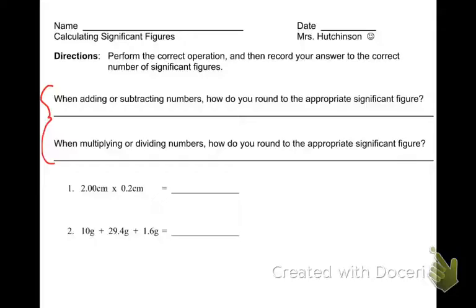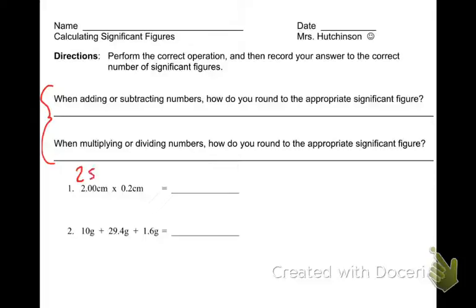So taking a look at our first one, we have 2.0 times 0.2. Again, this may help you figure out the definitions above, so just pay attention if you will. Because it's multiplication, we want to round to the least number of significant figures.